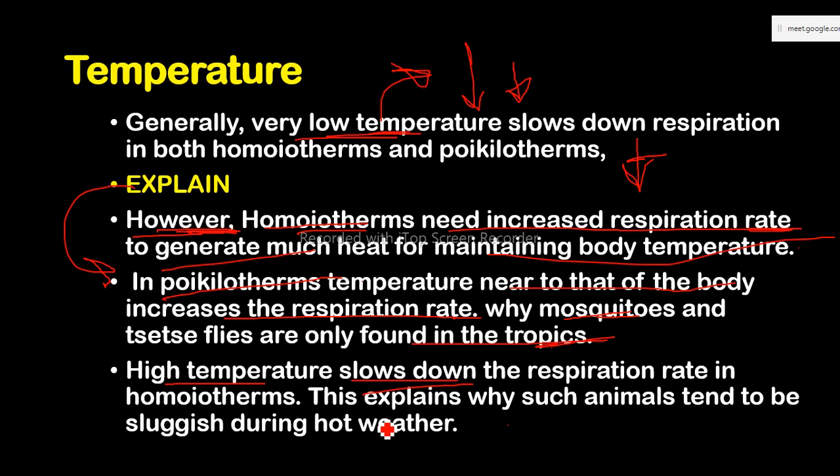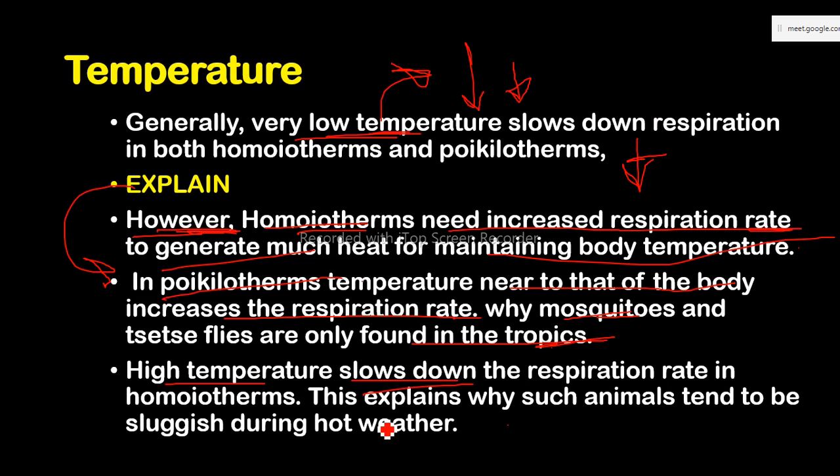And so the body employs mechanisms to regulate heat. And we have seen that respiration is one way of producing heat in our bodies. So since the environmental temperature is high, the need has shifted. The temperature outside is too much compared to what you need. So the rate of respiration should not continue. It should cease, it should stop, it should decrease, so that you don't produce a lot of heat inside you.